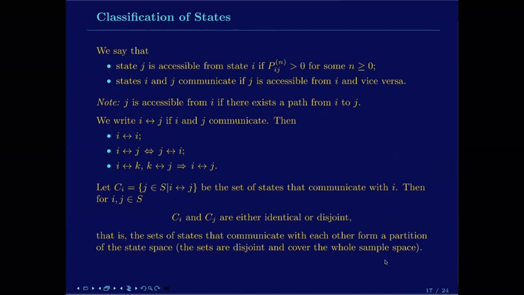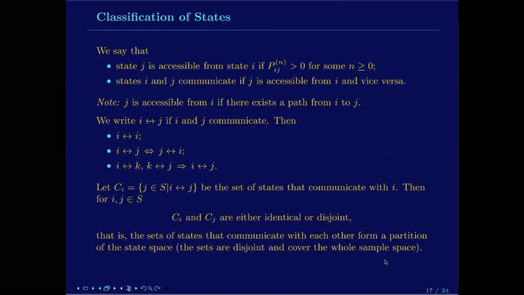By definition, as we also look at transitions of step size 0, where the transition matrix is the identity matrix, we necessarily have i communicates with i. Then it's a symmetric notion: i communicates with j and j communicates with i.